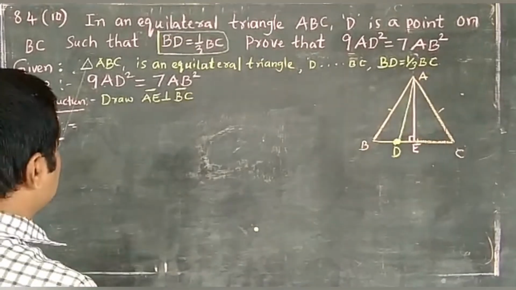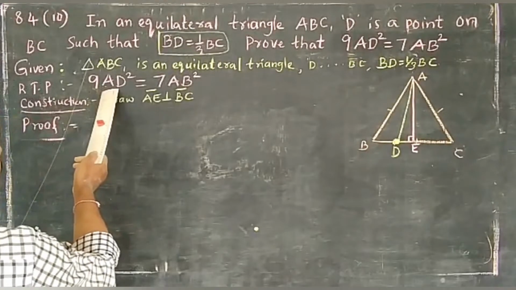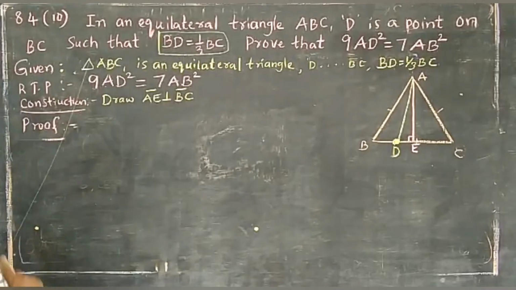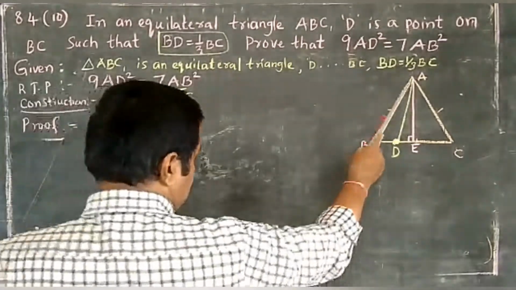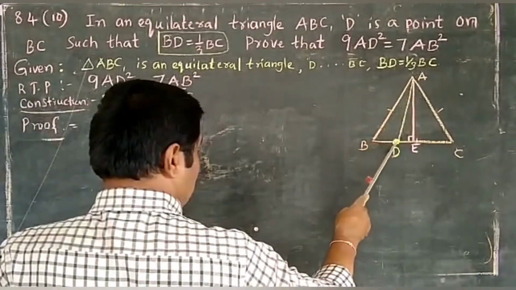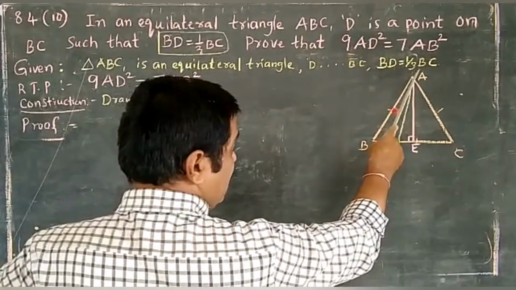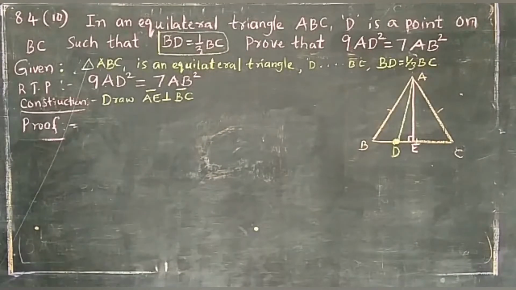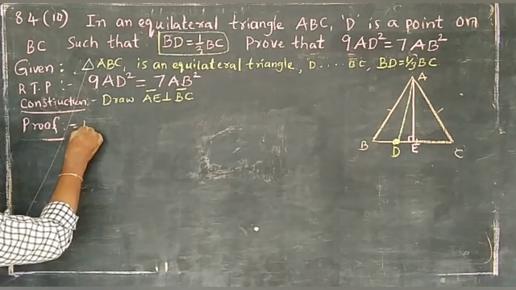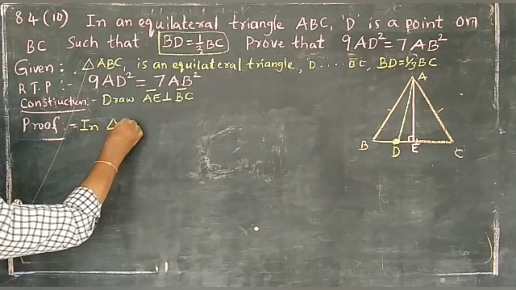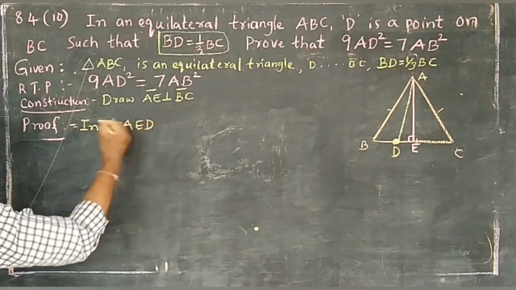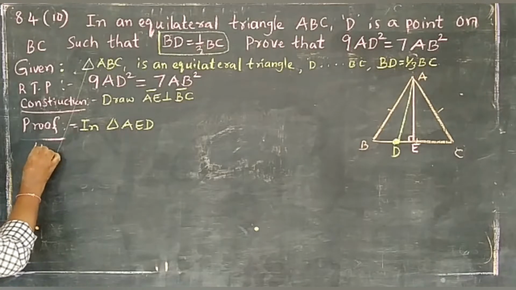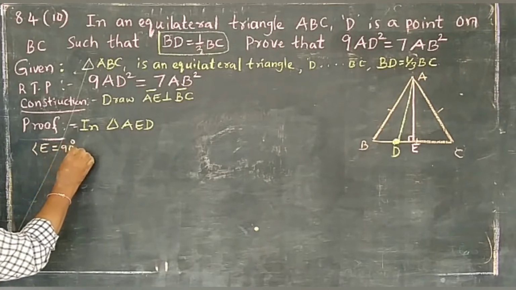Next, my intention is to find 9AD square is equal to 7AB square. Here AD is there, so we focus on the AD side. With AD, which triangle is a right angle triangle? Triangle AED is a right angle triangle. So take triangle AED, where angle E is equal to 90 degrees.